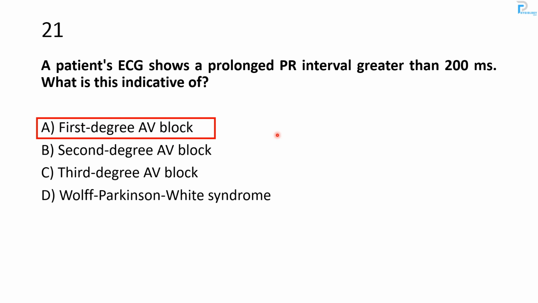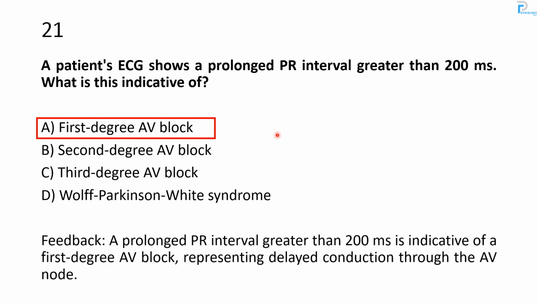When you look at P waves and QRS complexes, you see they are not related. For Wolff-Parkinson-White syndrome, we actually have a short PR interval, not long. So the correct answer here is first degree heart block.